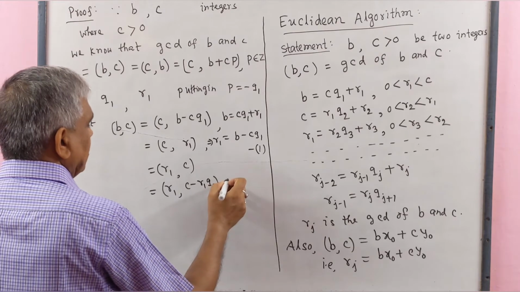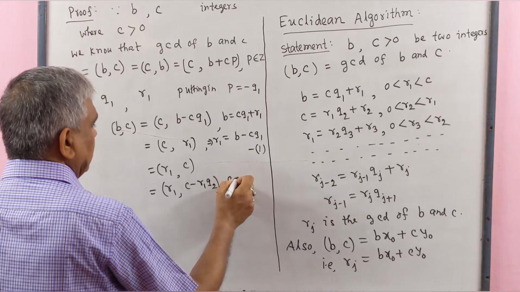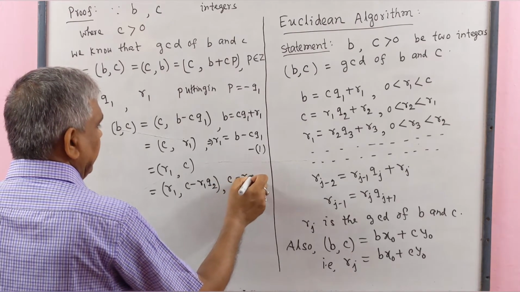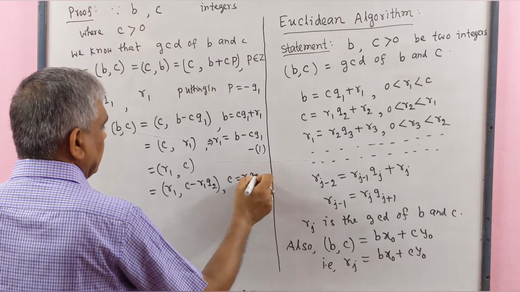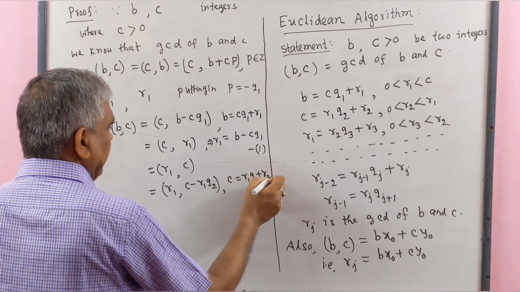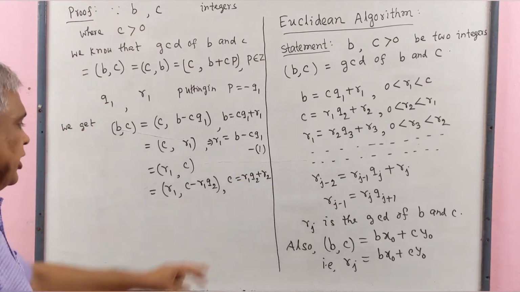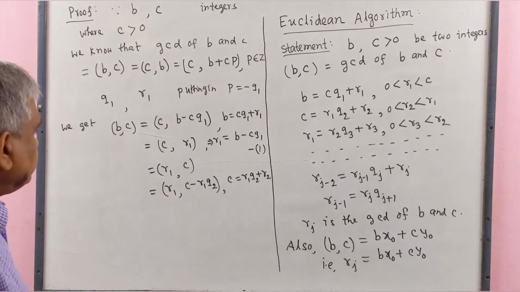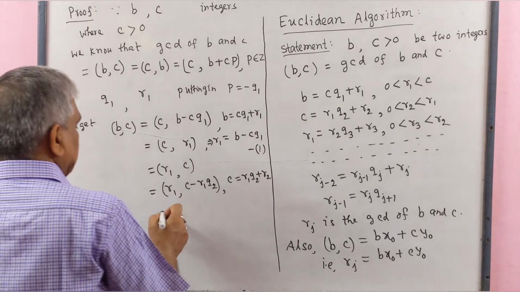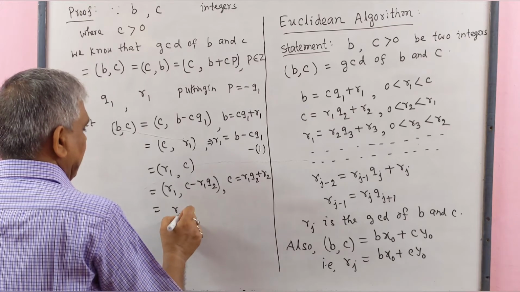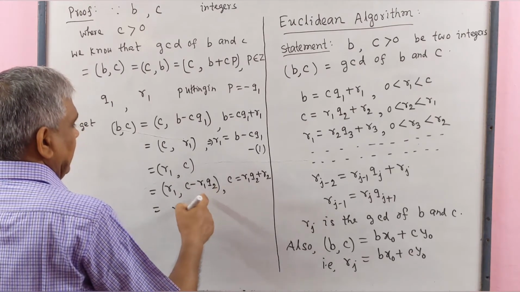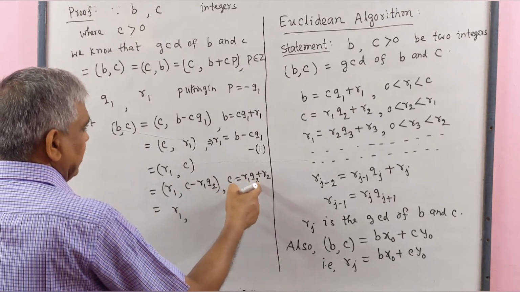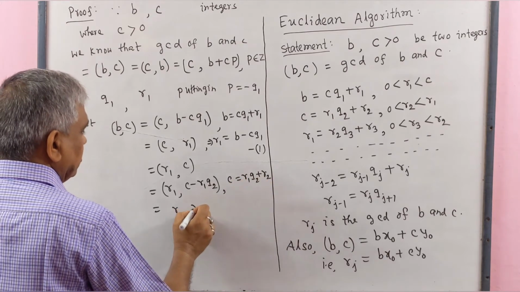Since C equals R1 Q2 plus R2, R2 being the remainder by the division algorithm, this equals GCD of R1 and R2, where C minus R1 Q2 equals R2.